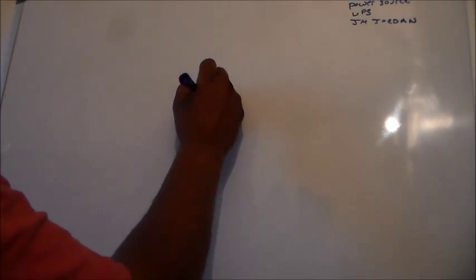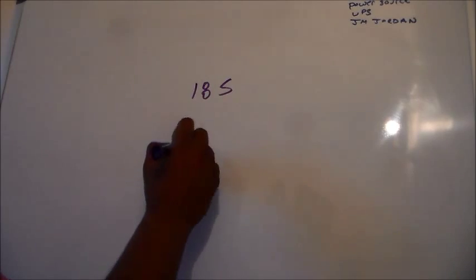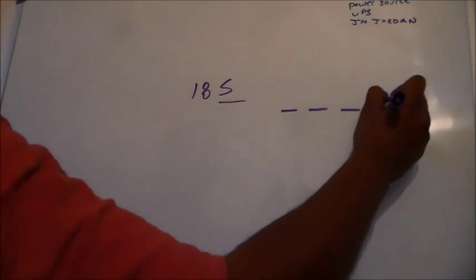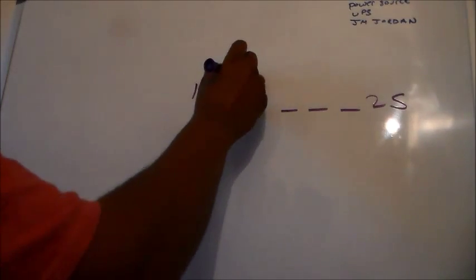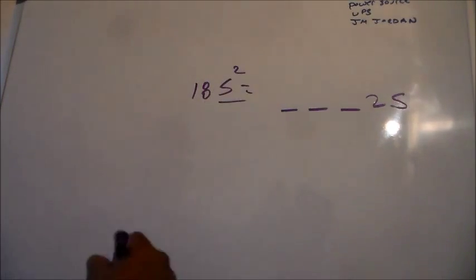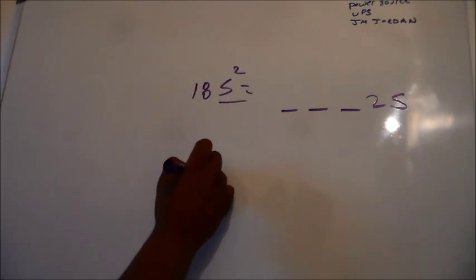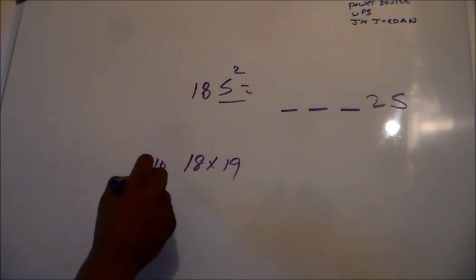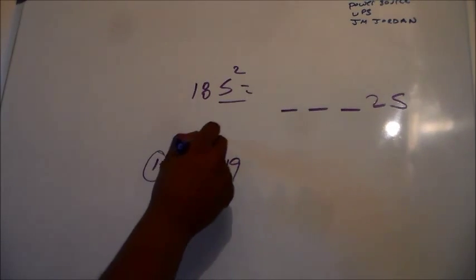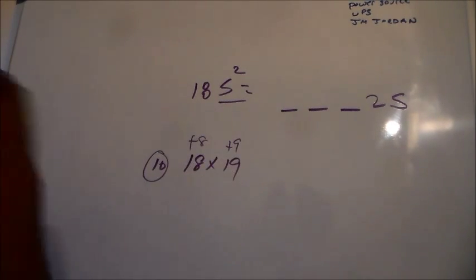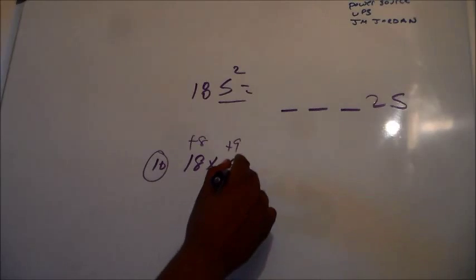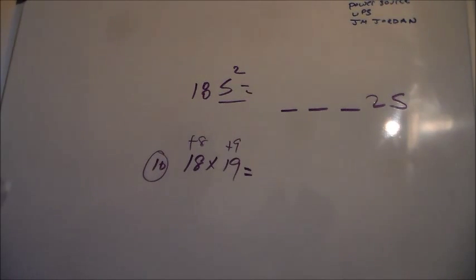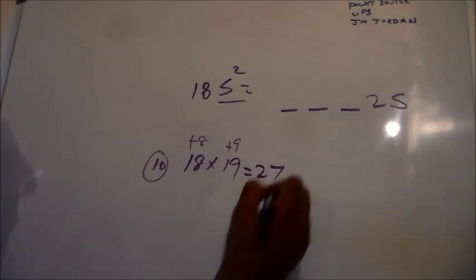Let's try 185. Alright. Our last two digits are automatically going to be 25. We know this when we square 185, right? So what we have to work out is 18 times 19. We use the reference number of 10. It's 8 plus 9. Alright, and let's keep everything in check. 18 plus 9. It's 27.